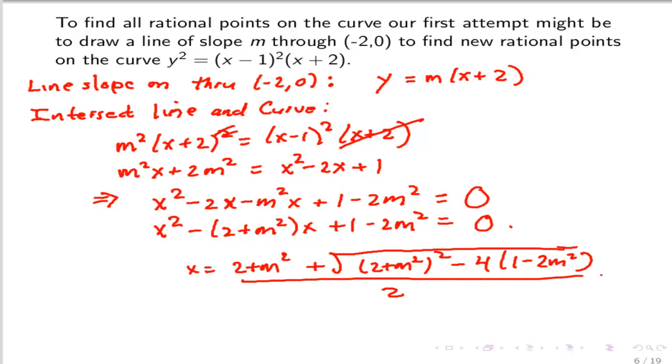And I'll let you work that out, but the point here is that we are not guaranteed to obtain rational points for a rational value of m. This may not be rational. So even though I'm starting at a very friendly point, -2, 0, the other points of intersection may very well be irrational quantities.